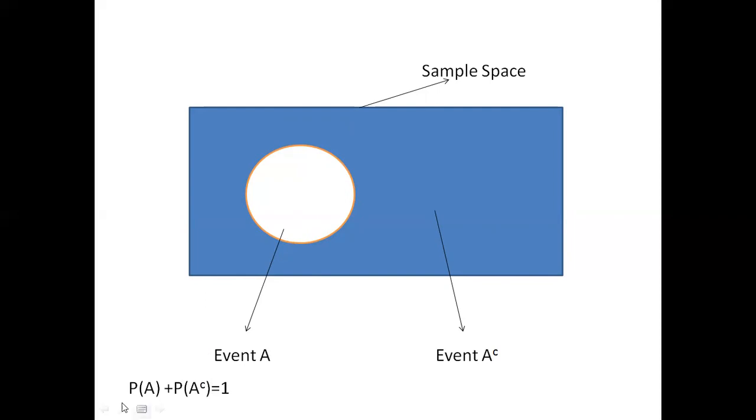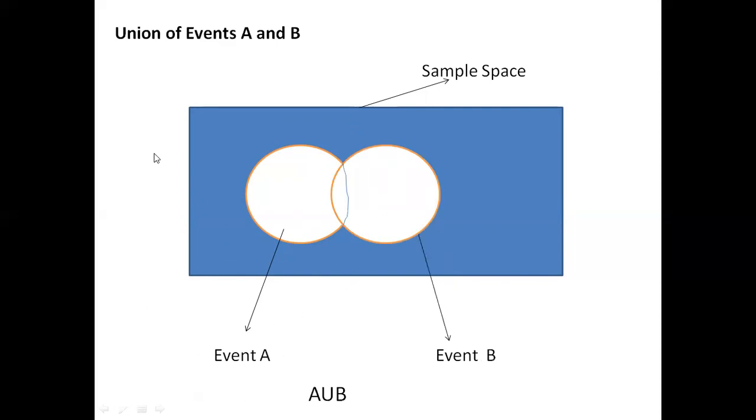Now, look, the union of events A and B. This circle is event A and this circle is event B. We are going to find the union of events A and B. Union means this part plus this part.